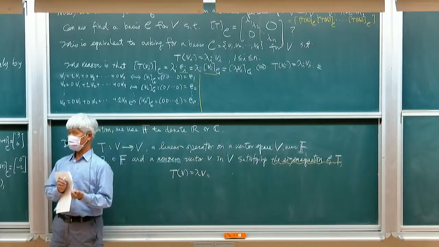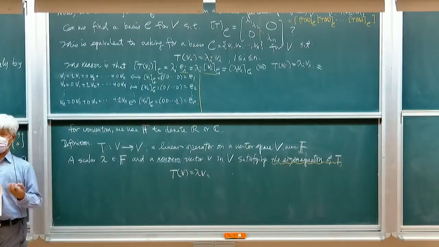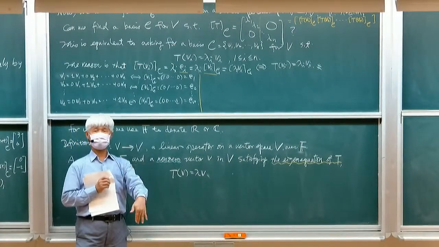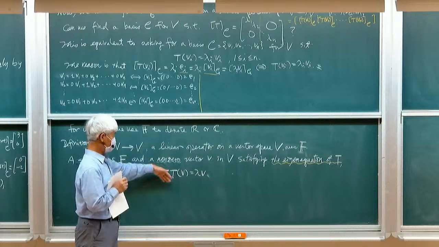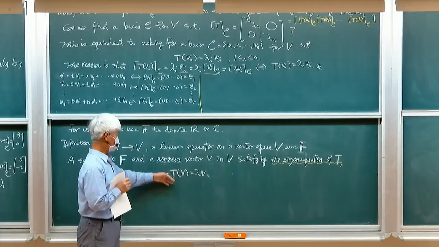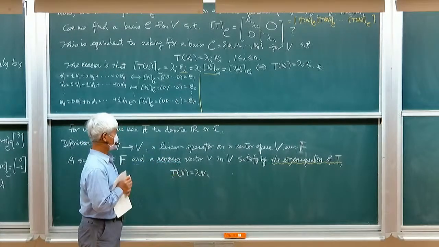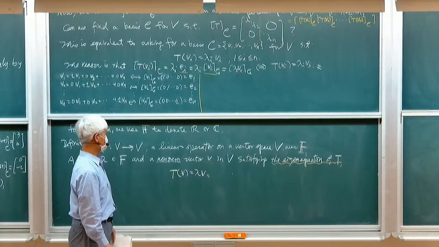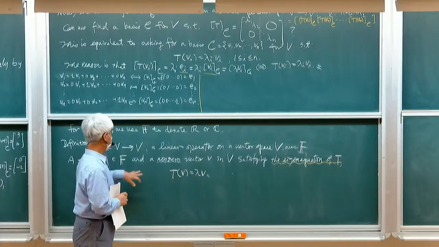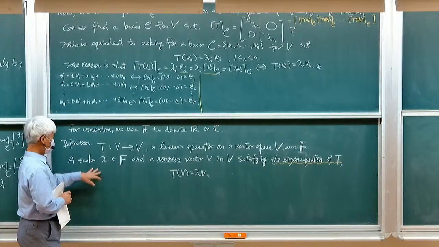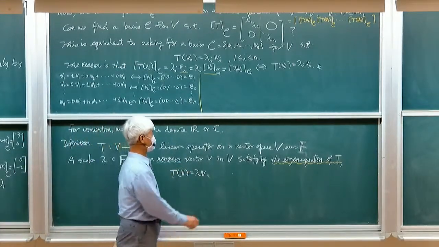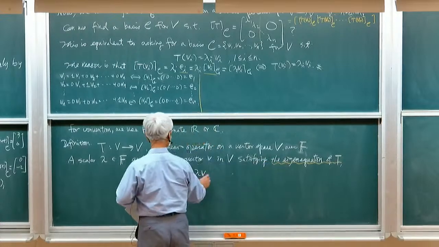Because for a linear transformation, the image of the zero vector is the zero vector anyway. So this is automatically true if V is the zero vector. So we require V to be non-zero, satisfying the Eigen equation.